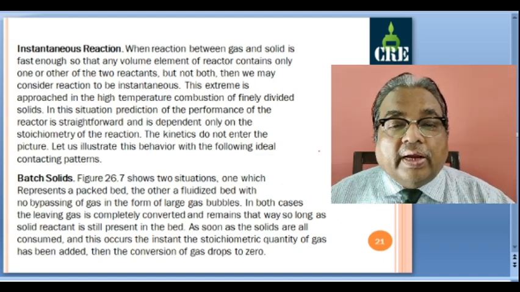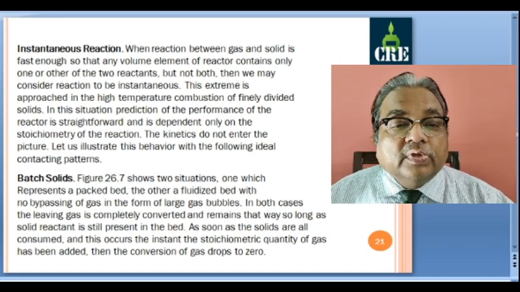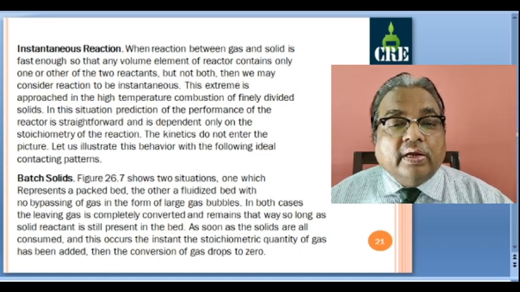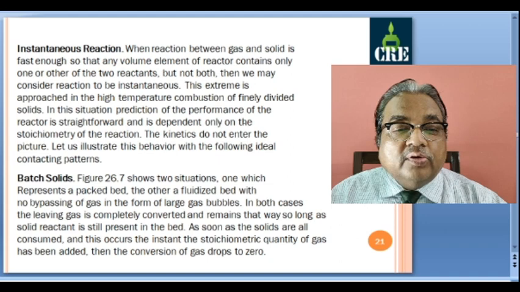So at any time both will not be present in any volume element of the reactor, that is for instantaneous reaction. So this extreme case we are considering, which is approached in the high temperature combustion of finely divided solids, and in this situation the prediction of the performance of the reactor is straightforward and dependent only on the stoichiometry of the reaction. So only the stoichiometry will decide the fate of the reaction.